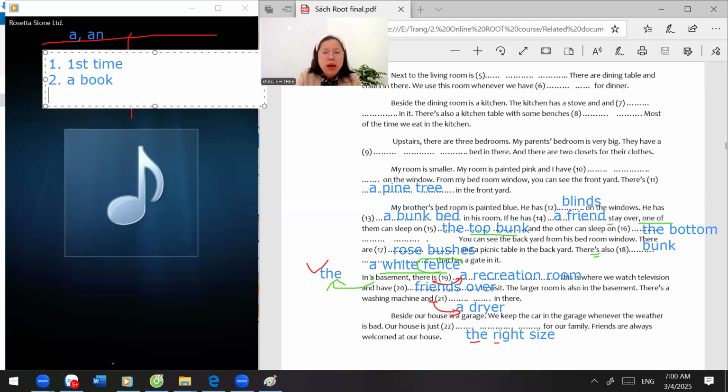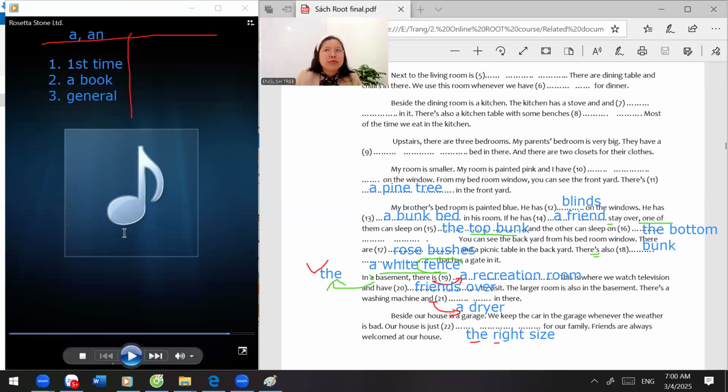Number three is when this is a singular noun, used to represent the whole, to talk in general. So for example, a book is good. A good cup of coffee is good. It's like women are good. A woman is good.